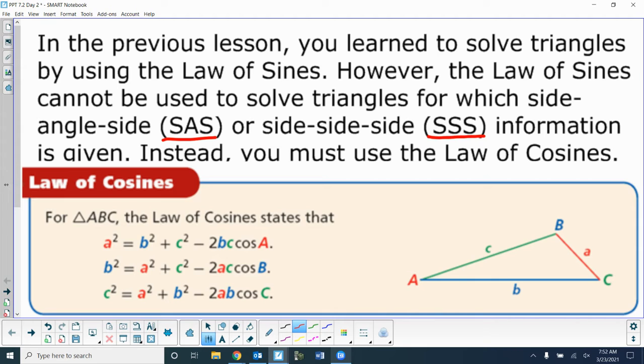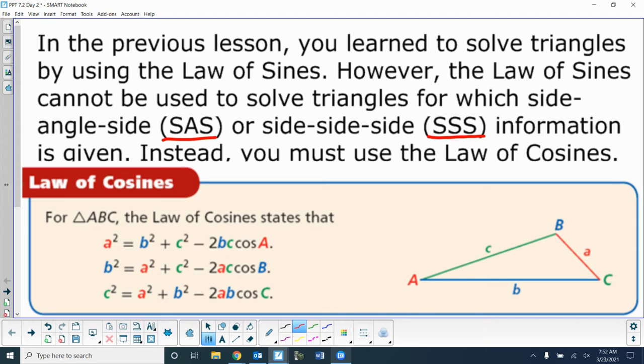So whichever side had the biggest length, you're going to find the angle opposite that. Okay? And then whenever we go from the law of cosines to find that next angle with the law of sines, which angle do we go for? The smaller one. Okay? So those are the two details you got to remember.